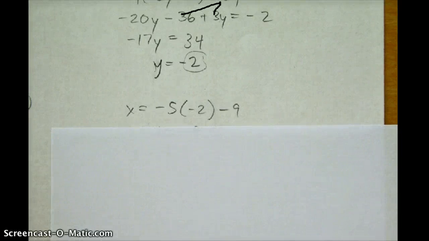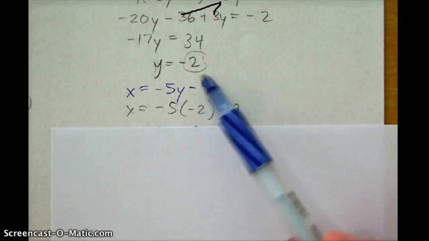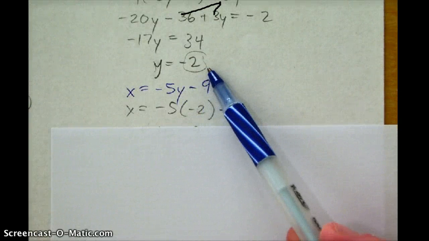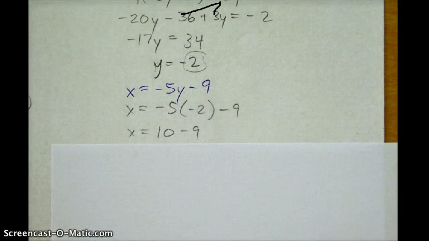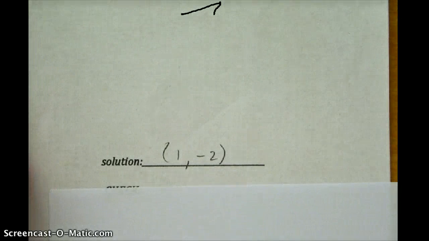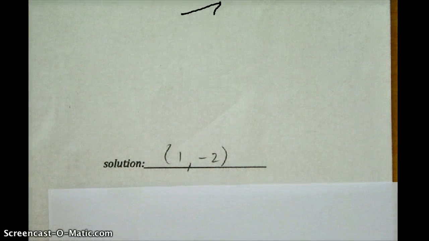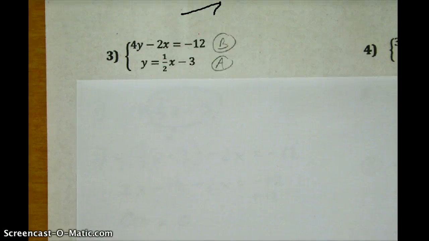I chose the simplest one, which was x equals negative 5y minus 9, and plugged in that negative 2 in place of y. Negative 5 times negative 2 is positive 10, minus 9, and we find that our x value is 1, so my solution then is 1, negative 2. X equals 1 and y equals negative 2. Great, now try number 3. Solve it out, and we'll come back together in a minute to walk through how I solved it.